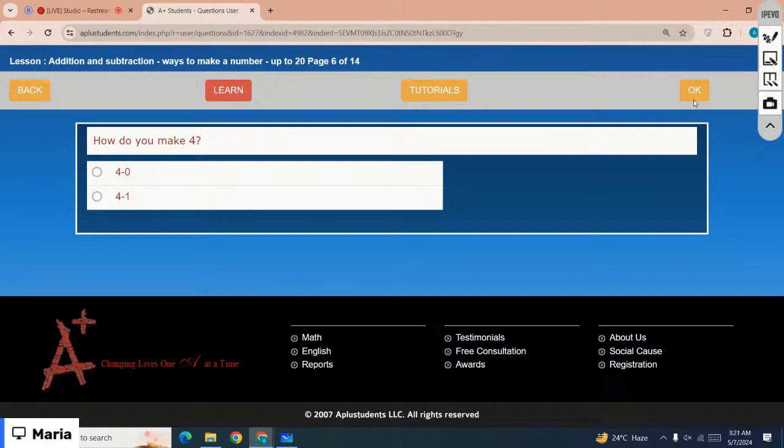Yes, that is option number one. 4 take away 0 is 4, so that is the one that makes 4.